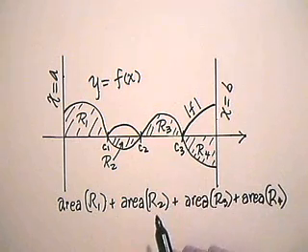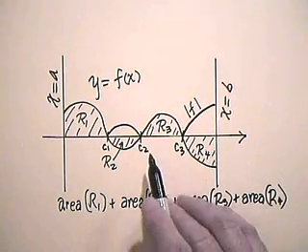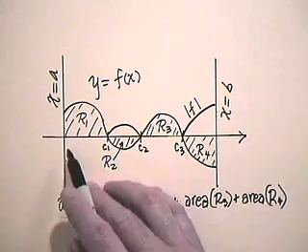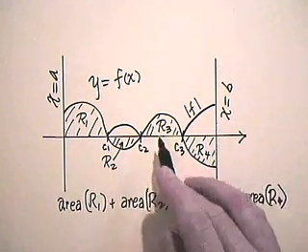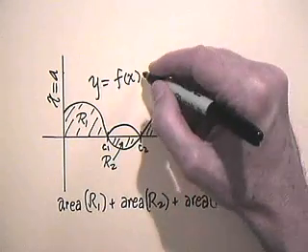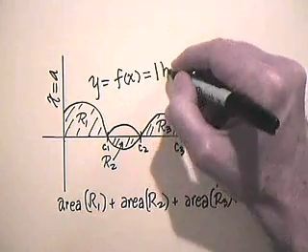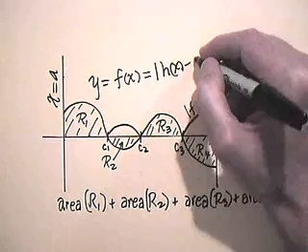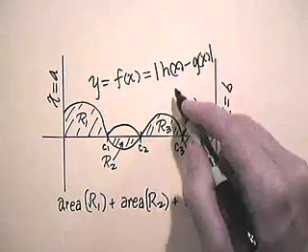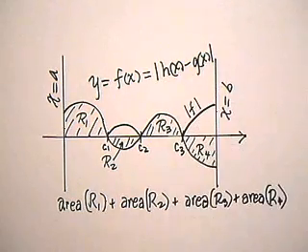Now, in general, if I wanted to do a similar thing for the area trapped between two curves from x equal a to x equal b, I'd be dealing with something like f of x equals the absolute value of h of x minus g of x, where h and g are two functions.